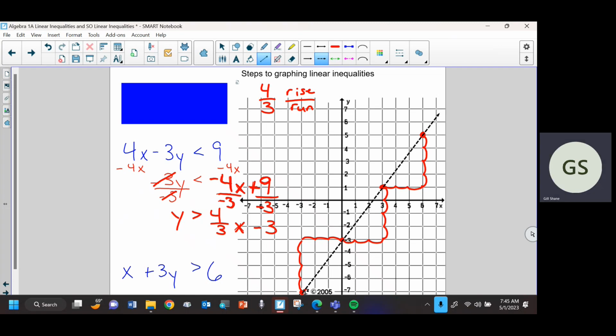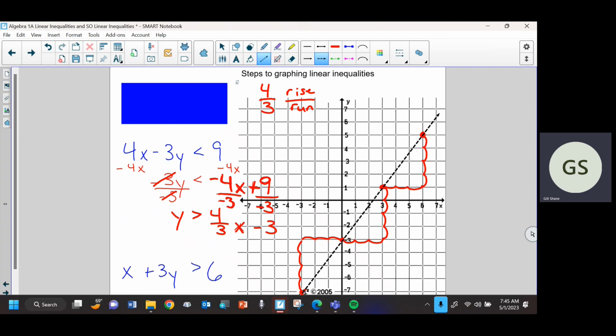So in an inequality, there's a third step. We have to shade. One of the sides is the answer side. The reason for that is because we don't need the left side to equal the right side. That's why when the two lines cross, wherever they cross is the solution when it's an equation, not an inequality.